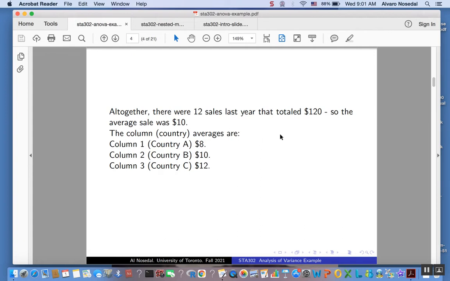So the average for all of them, ignoring country, is 10. So up to this point, we know we have 3 means for these 3 different countries, and we have also the average ignoring the information about country.